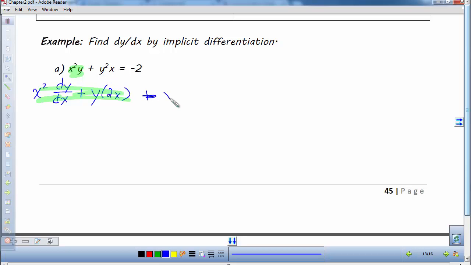So my first is y squared. The derivative of the second, the derivative of x, is just 1, plus the second times the derivative of the first, which is 2y dy dx.